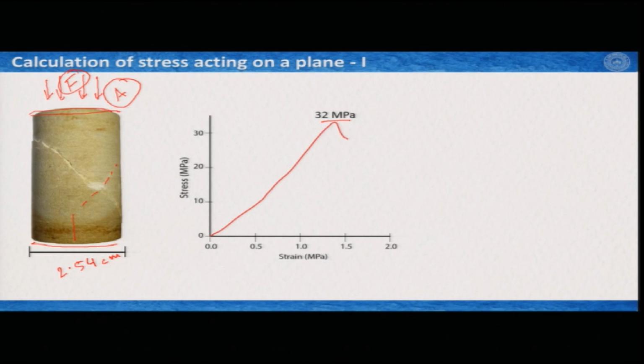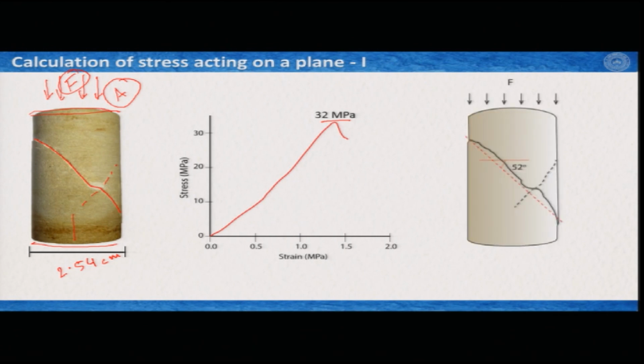Now this is some sort of routine activity, but if you would like to go further for analysis, then we would like to know what the shear stress and the normal stress were on this fracture surface. So if I summarize this, the image of the deformed sandstone looks like this.